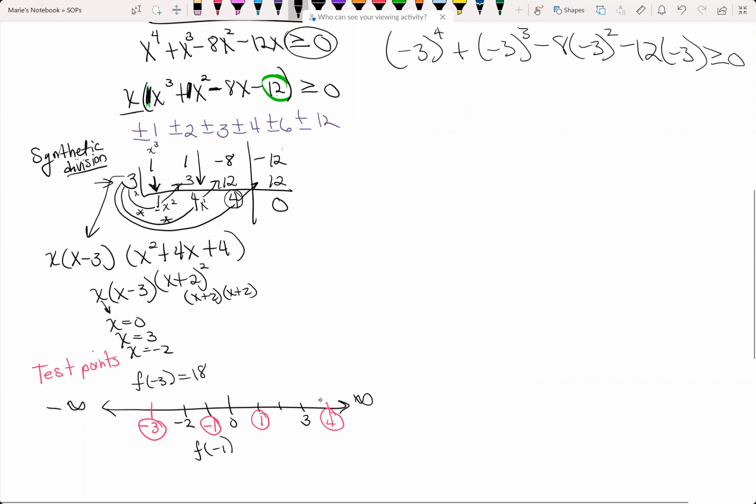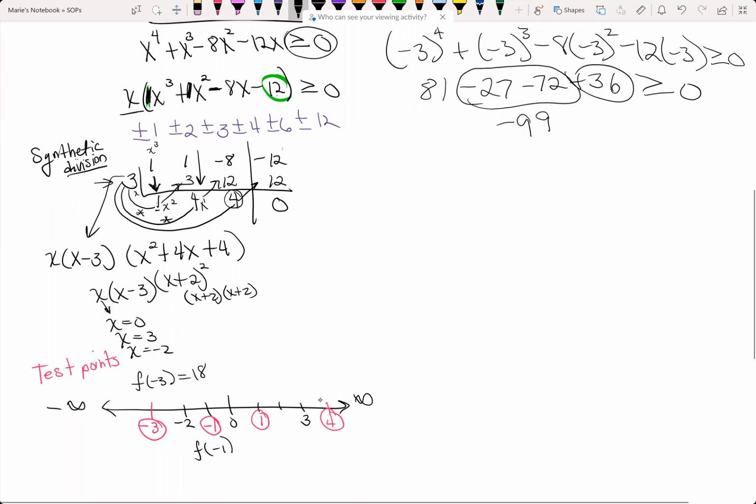So this is basically 81 minus 27 minus 72 plus 36. And therefore a number greater than or equal to 0, because this together is negative 99.